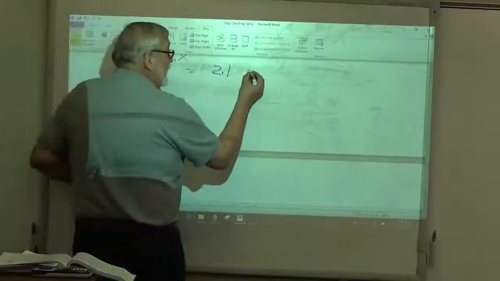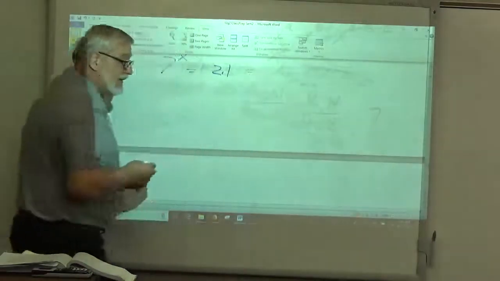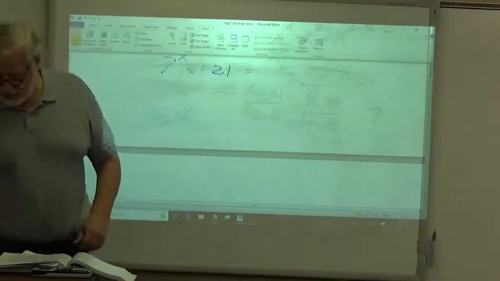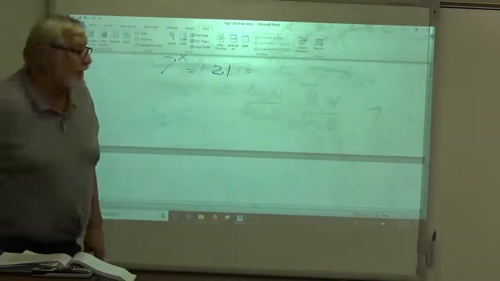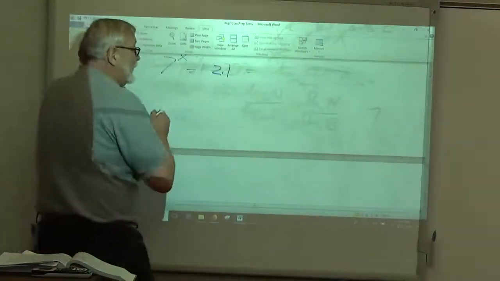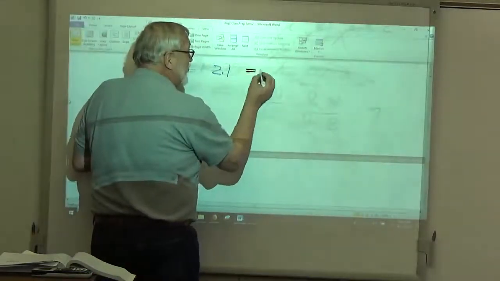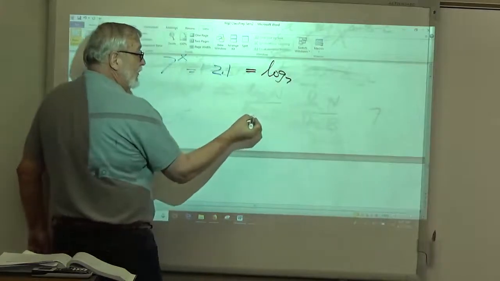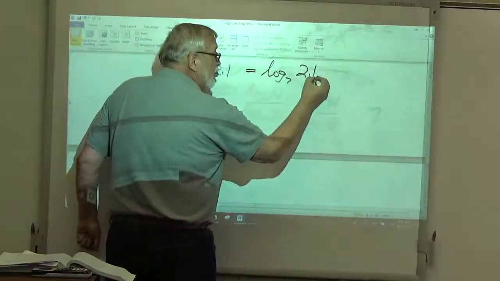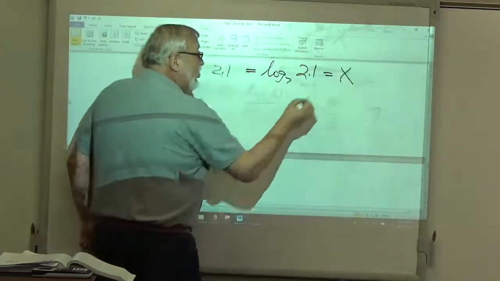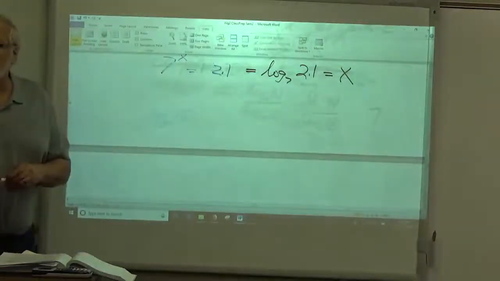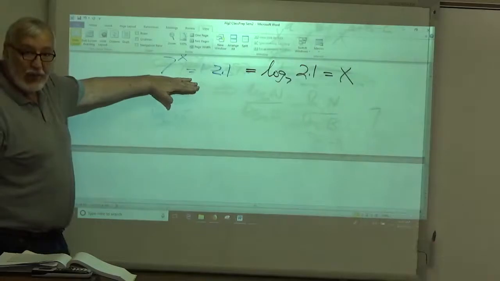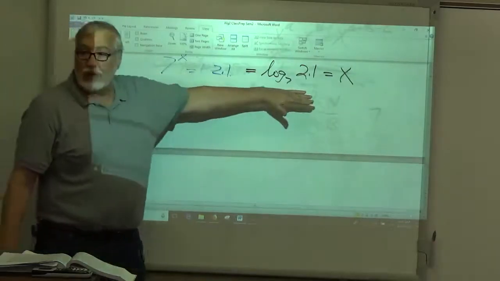So therefore, this equals log base 7 of 2.1 equals x. Everybody agree with that conversion? Right, that's the first equation, right? Changing an exponent form into a logarithm form.